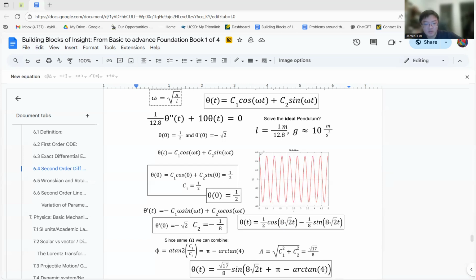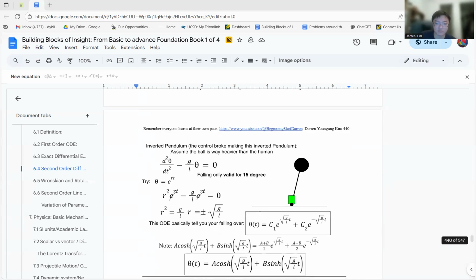It's still not possible in real life. I realized I never gave you that question, so this is the ideal pendulum. Now this is valid for 15 degrees, so do with that what you will. And it has to be infinite, so it has to be a perfect pendulum, so it's not realistic.